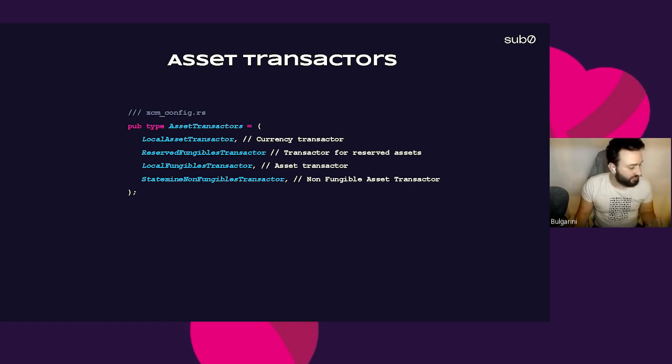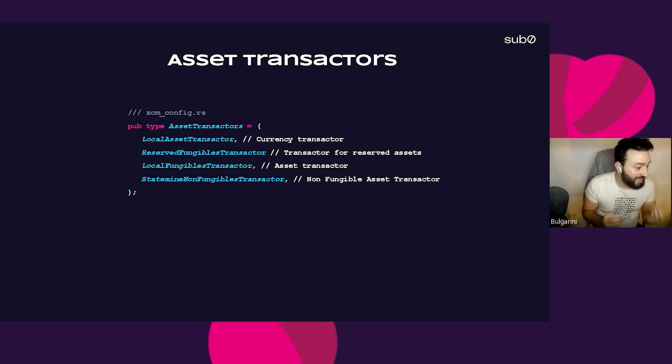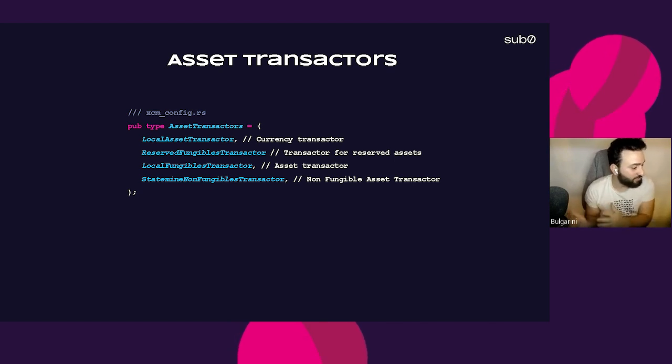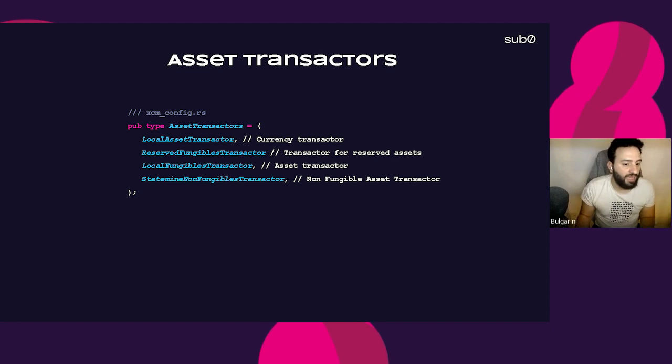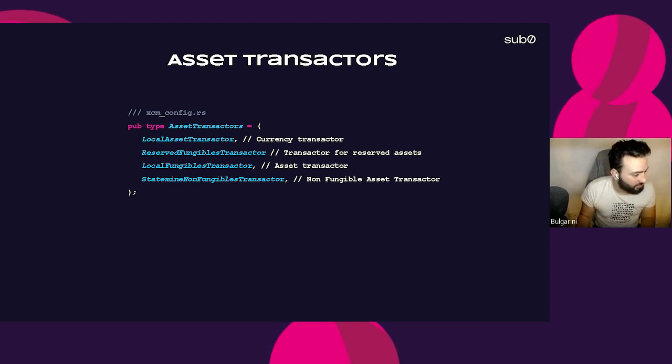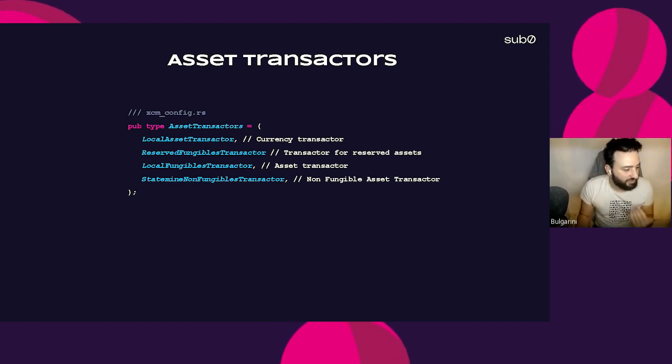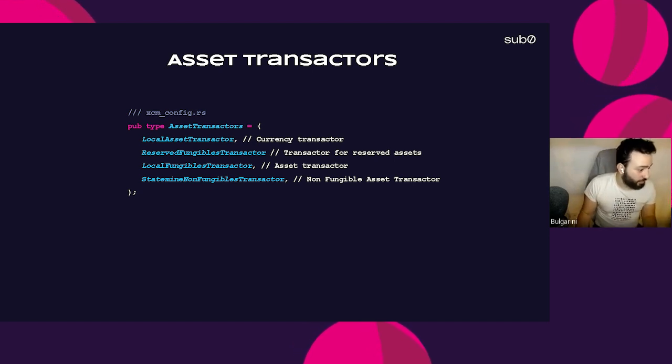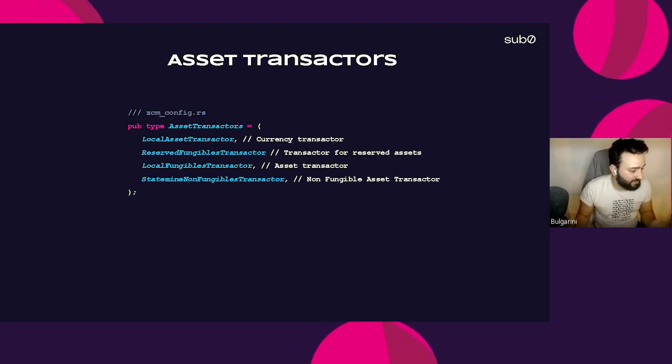Then there is the local fungible transactor, which is how we deal with assets defined on our local chain from the assets pallet. So if we are in Statemint, the local fungible transactor interacts with USDT, for example, or WBTC, or any asset deployed on the assets pallet.